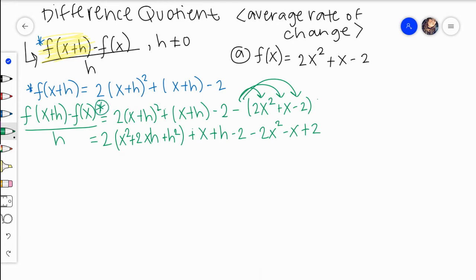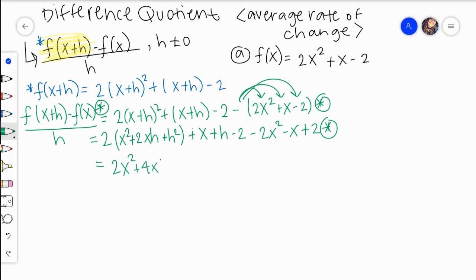Right now, I'm working on the numerator. Once I get it simplified a little bit, I'm going to go ahead and combine it and have the numerator and the denominator. Okay, so I know I need to distribute my 2 into this set of parentheses, and what I would get is 2x squared. 2 times 2 is 4.